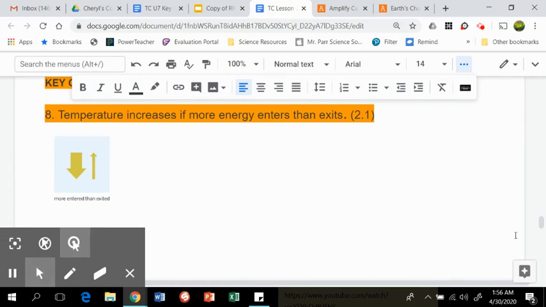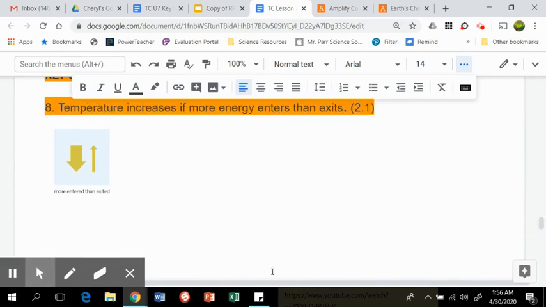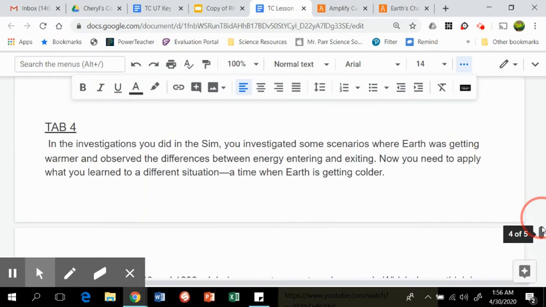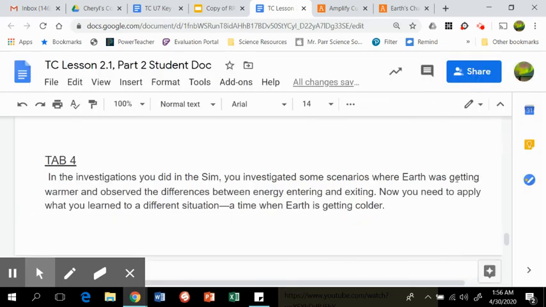All right, and then Ms. Schumann put some diagrams here to help you think of it. What this is, more energy entering a system than exited, then the temperature would increase. In the investigations you did in the sim, you investigated some scenarios where Earth was getting warmer and observed the differences between energy entering and exiting.